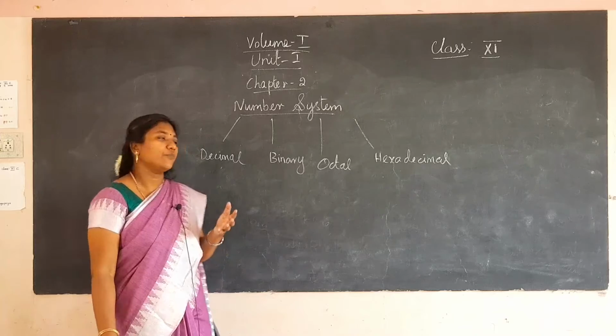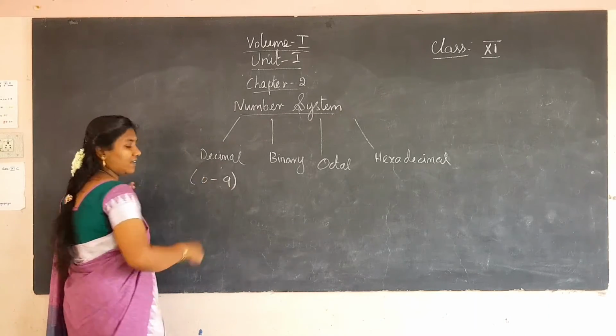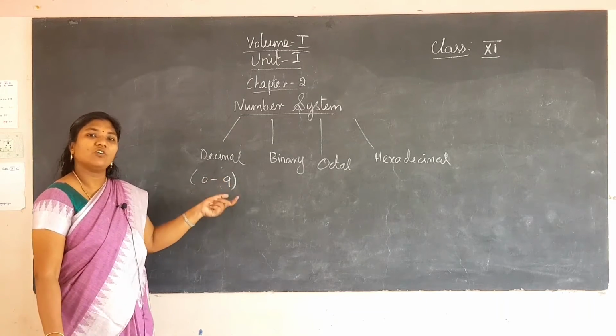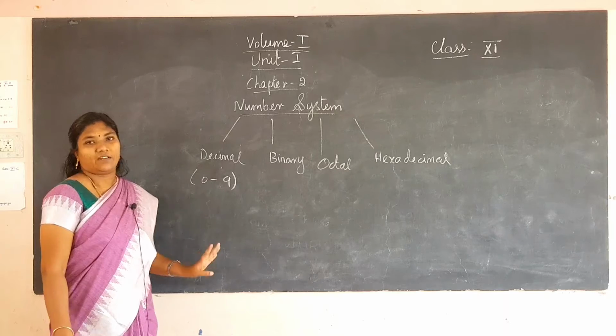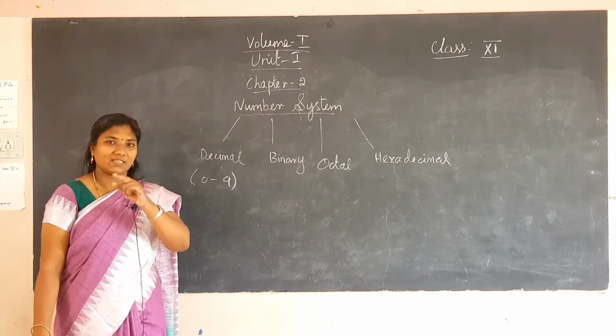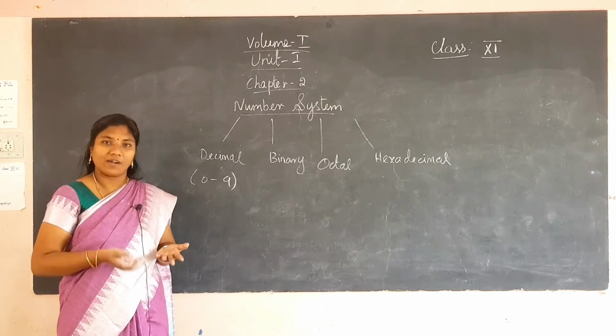Base value means, here in decimal we are using the digits 0 to 9, isn't it? When it comes to 10, it is 1 and 0, which belong to the digits 0 to 9. So, 0 to 9 digits only: 0, 1, 2, 3, 4, 5, 6, 7, 8, 9. Among these digits, when they get repeated, we form another number.